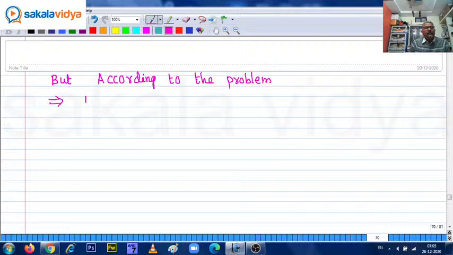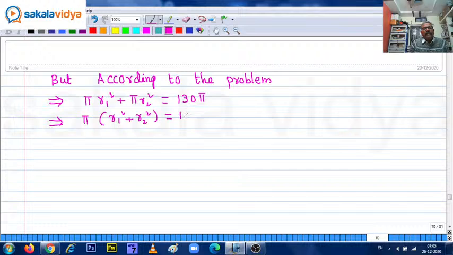See, pi R1 square plus pi R2 square equal to 130 pi. So pi gets cancelled, pi common. R1 square plus R2 square equal to 130 pi, this pi gets cancelled. We get R1 square plus R2 square equals 130.